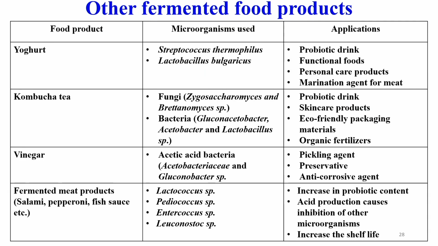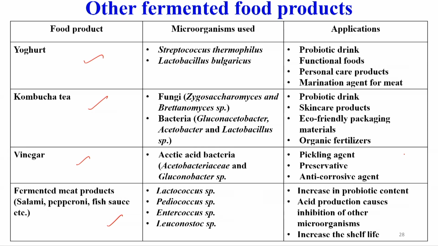So, here you just see the summary of fermented food products: yogurt, kombucha tea, vinegar, fermented meat products, and these are the microorganisms which are used, and I have listed the potential applications for these products. So, I will stop here.